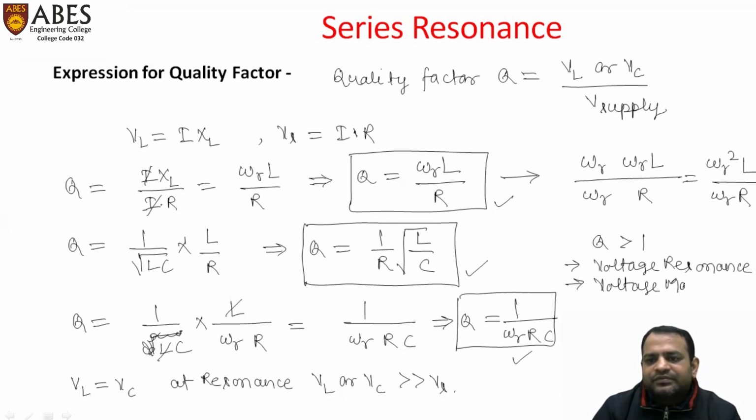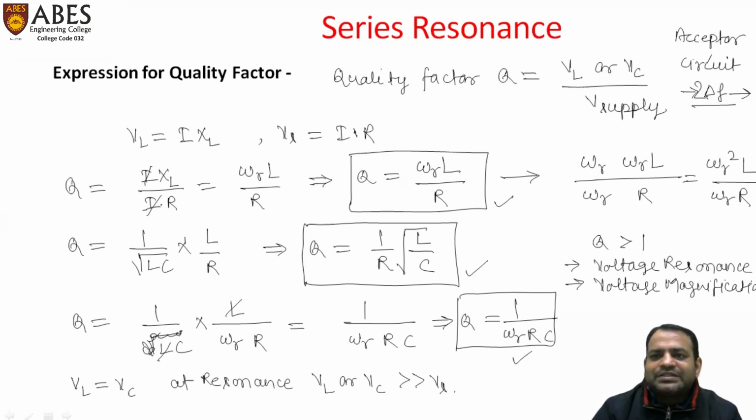The circuit we are using, the RLC series circuit, is called an acceptor circuit, because it accepts the frequencies between the bandwidth. So all the frequencies within twice delta F are accepted and the other frequencies are rejected. So this is the significance of series resonance.